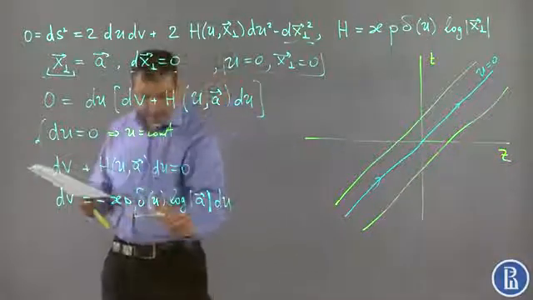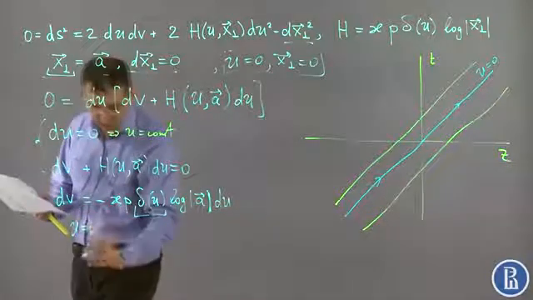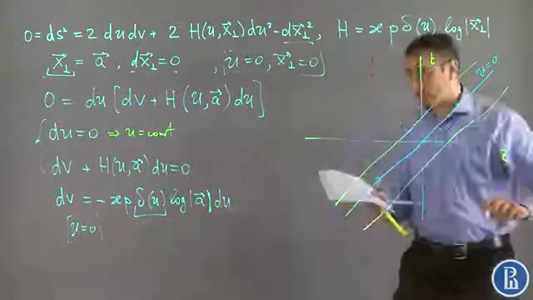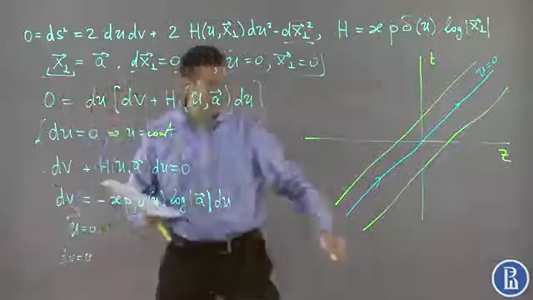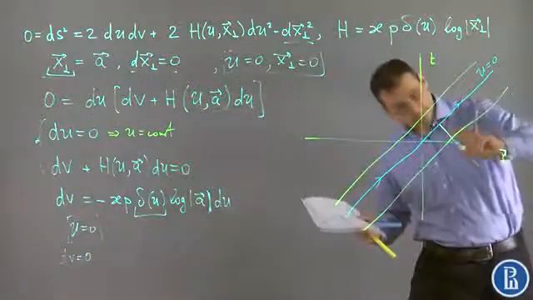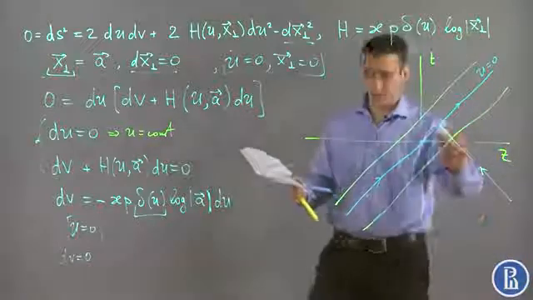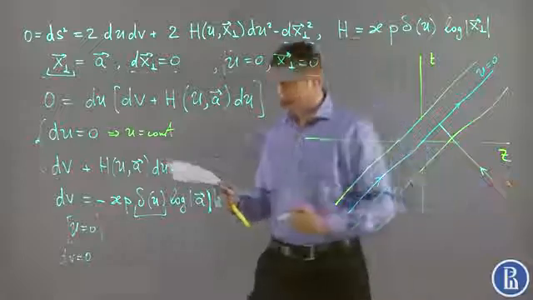So because of this delta function, before u equal to 0, before this point, the particle travels according to v equals to constant, according to dv equals to 0. So it travels like this. The geodesic of the light-like particle is like this.